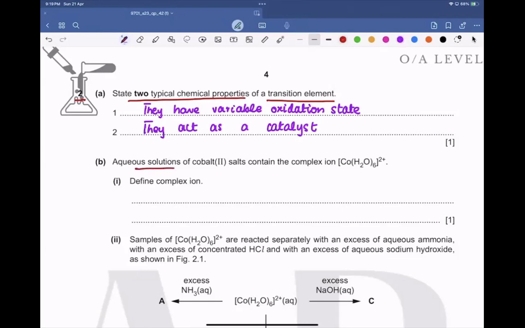Okay, now aqueous solutions of cobalt 2 salts containing the complex ion. Okay, they have given you the complex ion. Now they ask you to define complex ion.